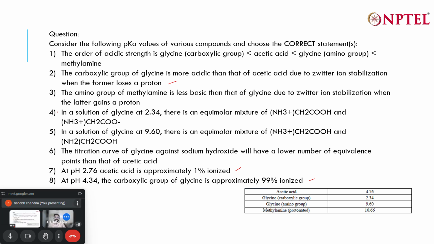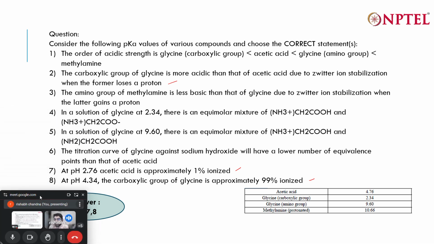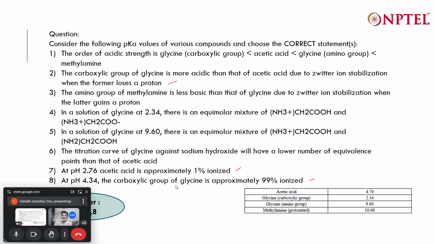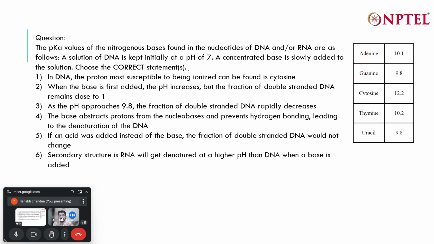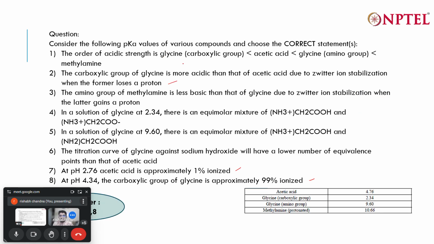So the correct answer is 2, 4, and 7, 8. Okay. So we'll see the explanation statement by statement. So for the first statement, first we have to check what the acidic strength is. Acidic strength we generally denote based on the Ka values, that is the dissociation constant of an acid.